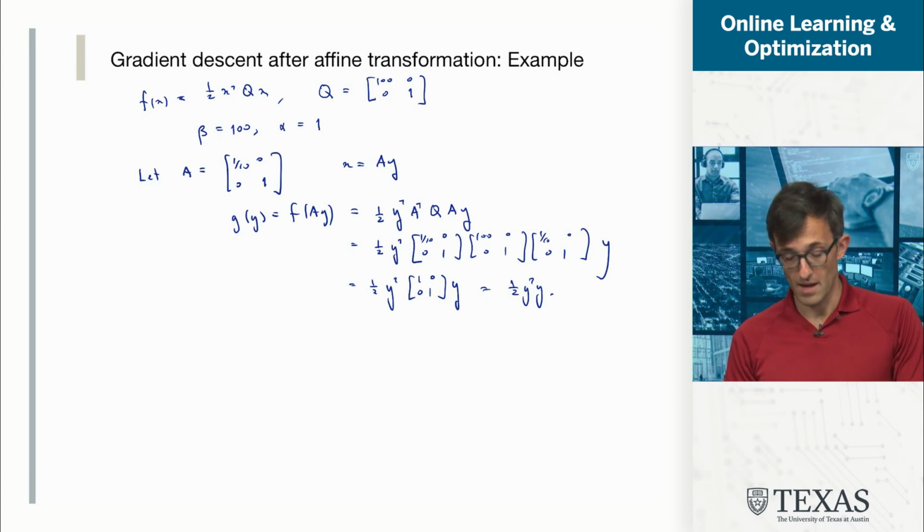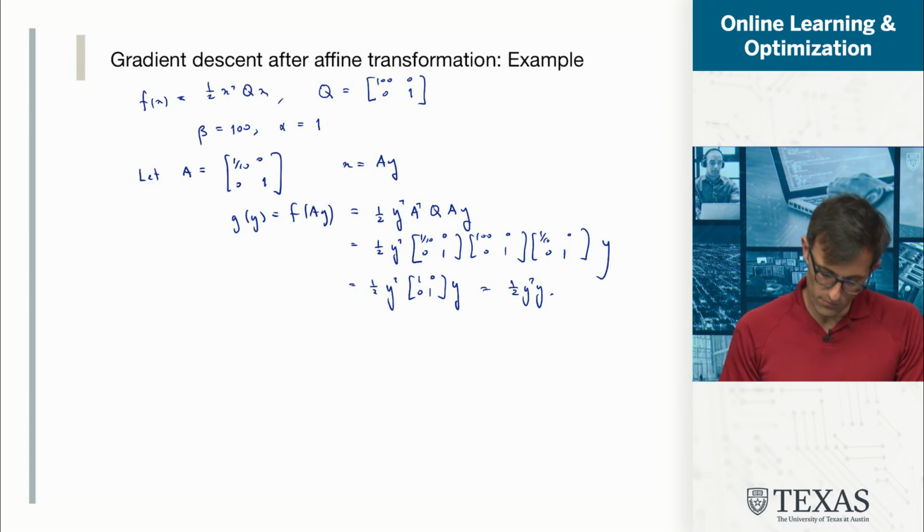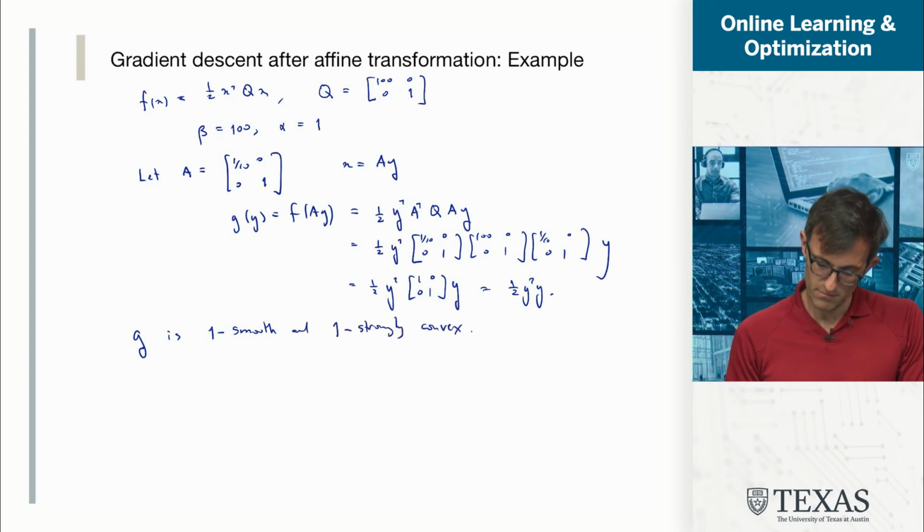What are the smoothness and strong convexity parameters of g? We see that g here is 1-smooth and 1-strongly convex. Whereas the condition number for f, I'll write a subscript f, is equal to beta over alpha, or 100 over 1, alpha for g and beta for g are both 1.